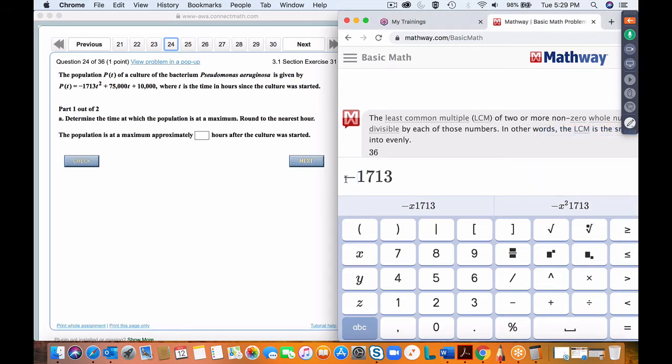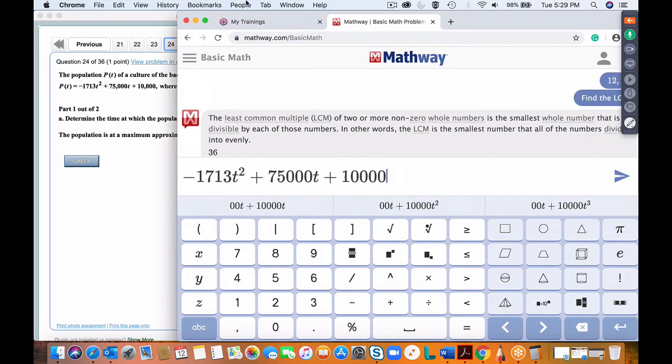That's negative 17, 13, t squared. And then we have plus 75, 1, 2, 3, t. And then we have plus 10,000, 1, 2, 3. That's all we have, right? 17, 13, t squared plus. So we click on the right.